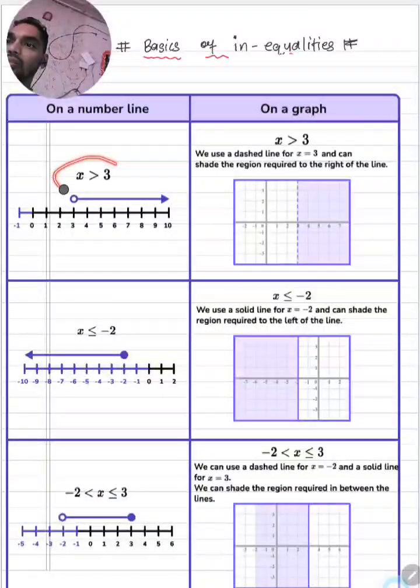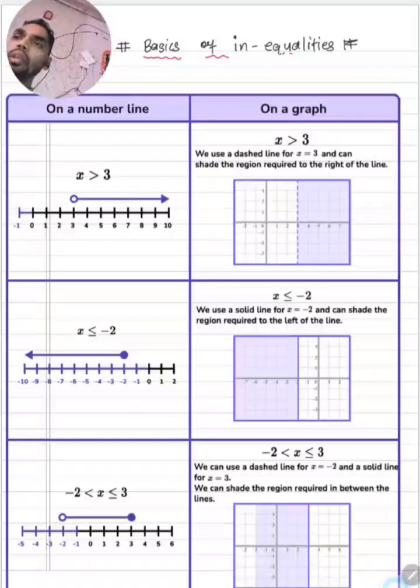It is written here: x greater than 3. Okay, x greater than 3, where x means an unknown value. Nothing is mentioned about whether x is an integer or a real number. If nothing is mentioned, then we have to take the real number. So we need to read it like this: all values which are greater than 3.